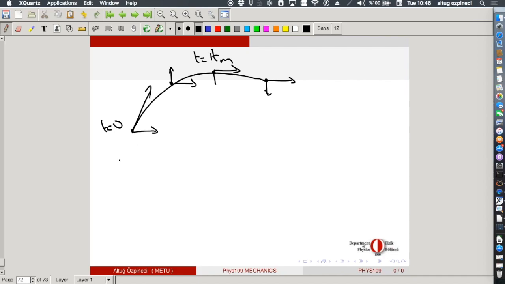Now, we had seen that the velocity as a function of time is v0, the initial velocity, plus a of t, where a is just a constant. This is a constant vector.